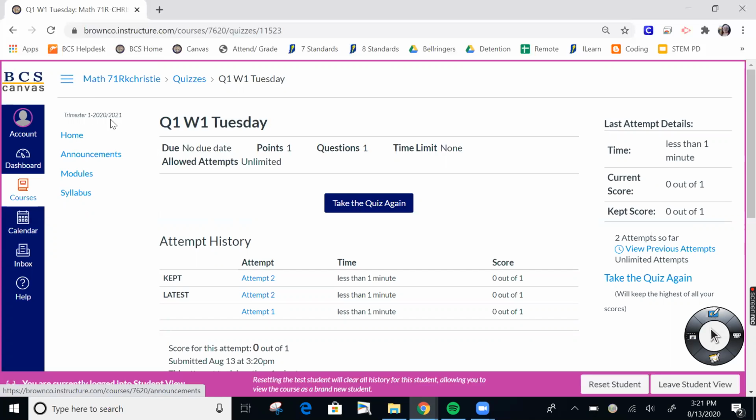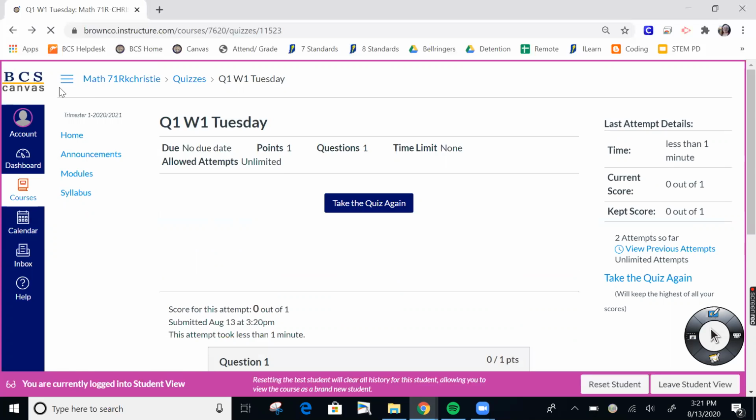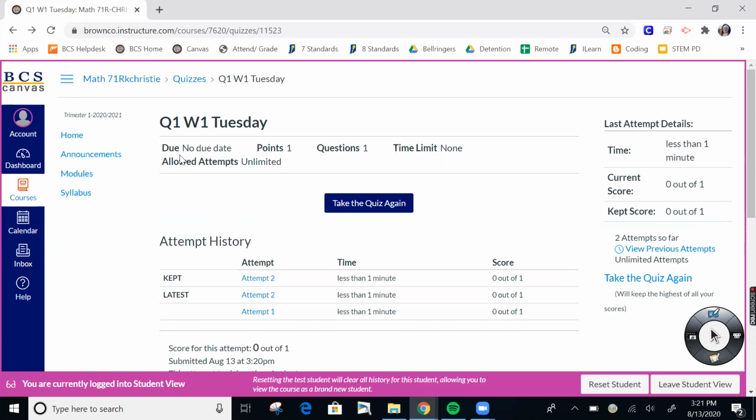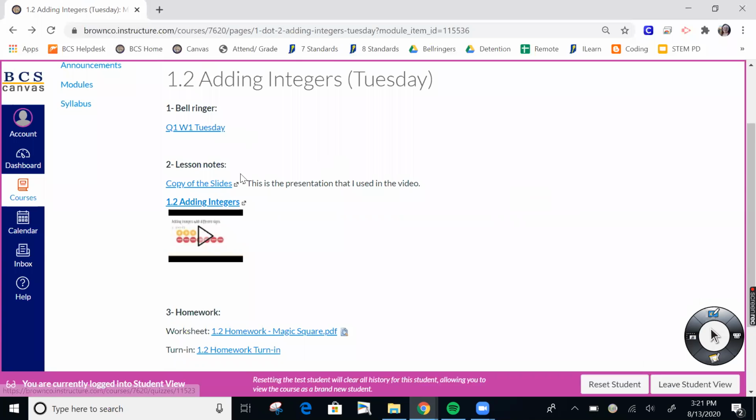I'm going to go back to where I was. So back to Tuesday's page. And you can see the next thing that we did after our bell ringer is we took notes. So I've got a copy of the slides here.